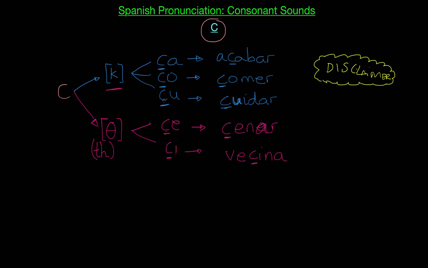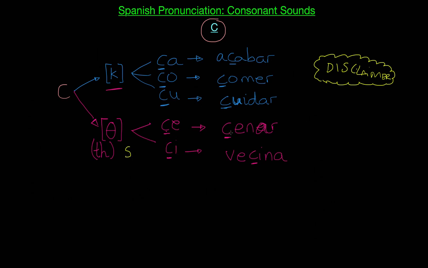The ka, ko, ku is the same for every Spanish speaker. The and thi will be different. In most of Spain, you will find the and thi. However, in the south of Spain, in the Canary Islands, and in the vast majority of Latin America, you won't find this pronounced as th. You will find it pronounced as an S, se, si.